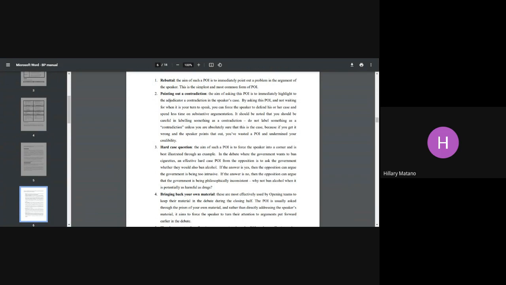Having looked at the motion framing, I want us to look at the timing. But before we do that, the motions are always come up with to address a particular issue. You need to keep that in mind when you're preparing for any debate. When you're given the motion, look at what issue it is addressing. The motions are always structured to look at a particular issue that is happening in society.